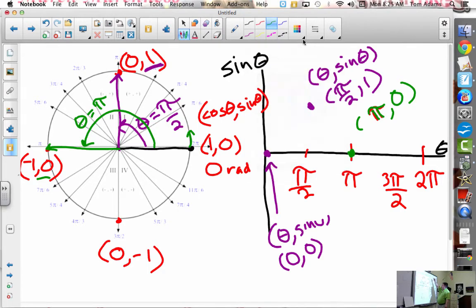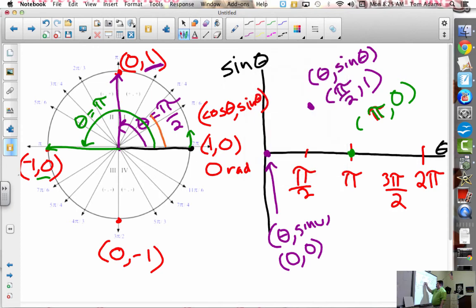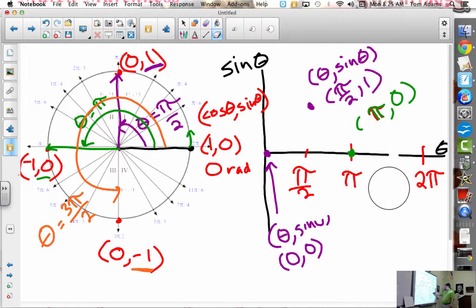Now, if I were to draw and start at 0 and come all the way around where theta is equal to 3 pi over 2, then my corresponding sine of theta value is -1, which would fall right here.